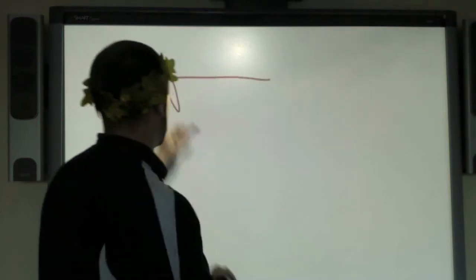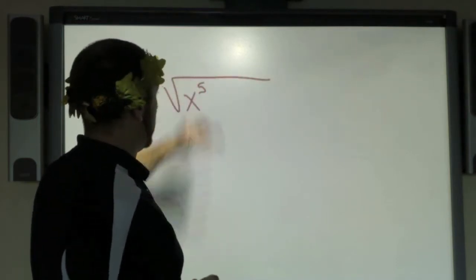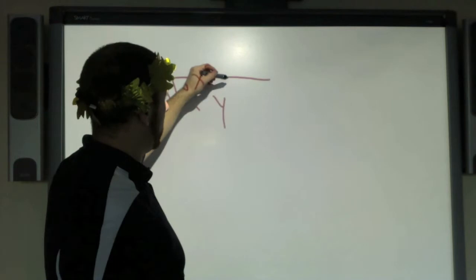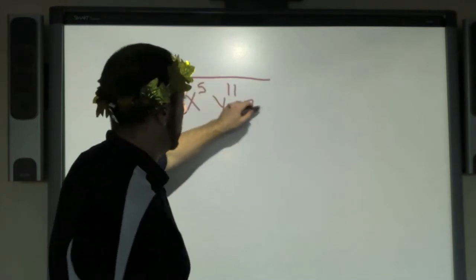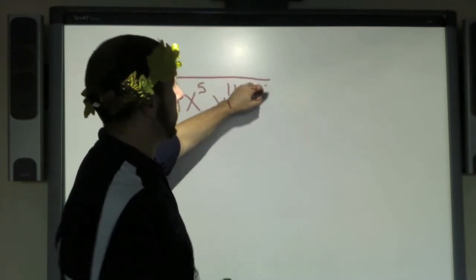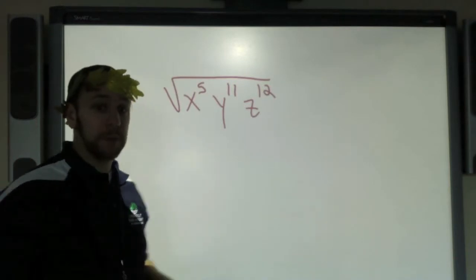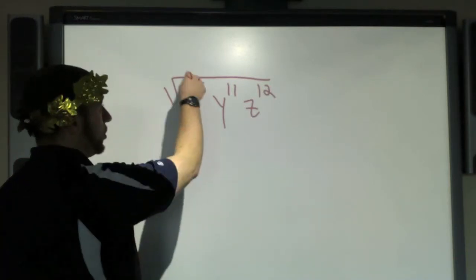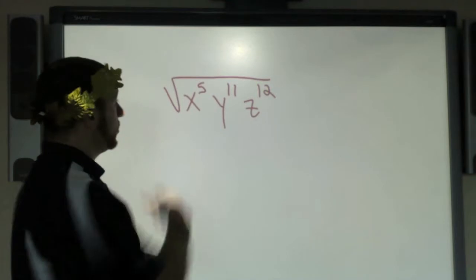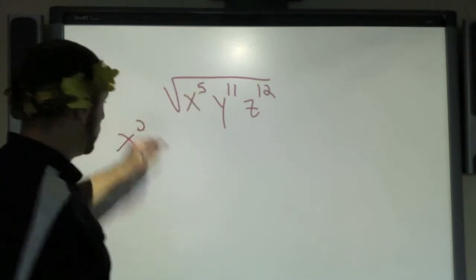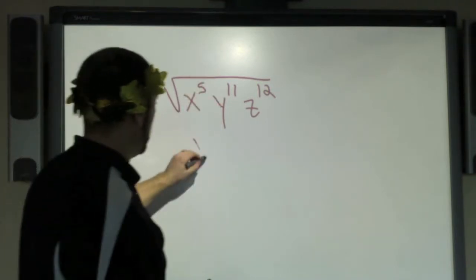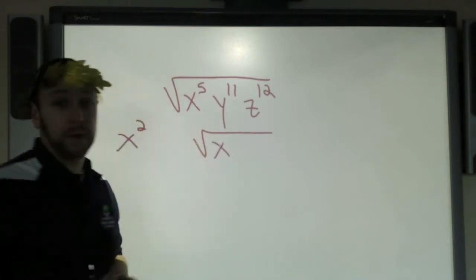I can do another example for you with just variables. So let's say it's the square root of x to the 5th, y to the 11th, z to the 12th. Again, I ask myself, how many times does 2 go into 5? 2 goes into 5 2 times, with 1 left over.